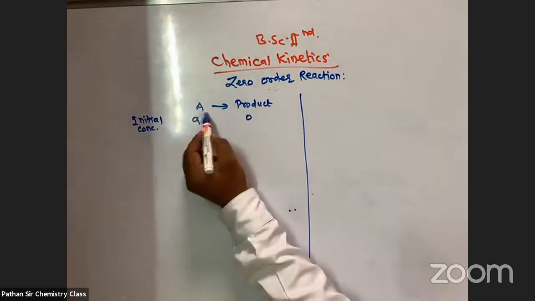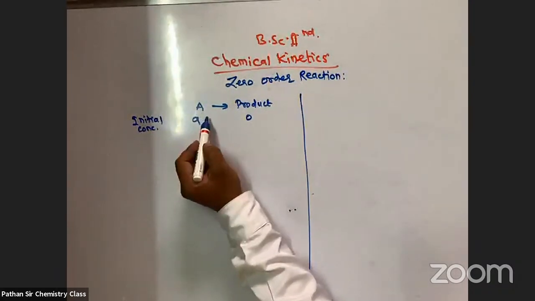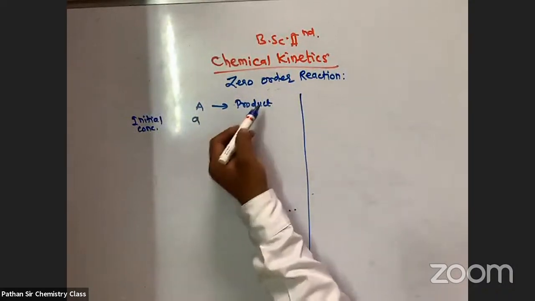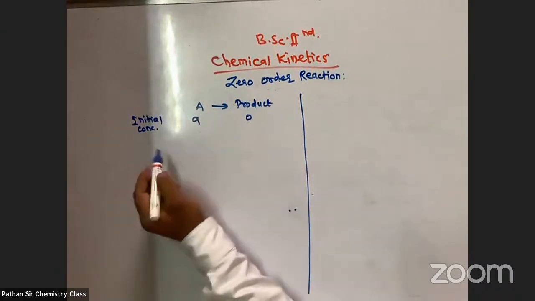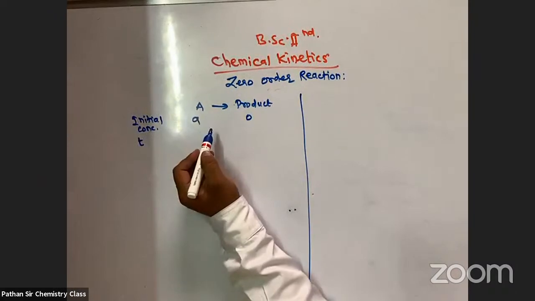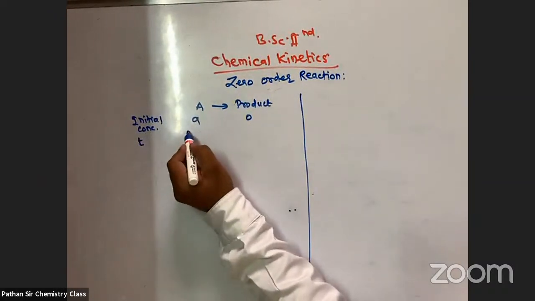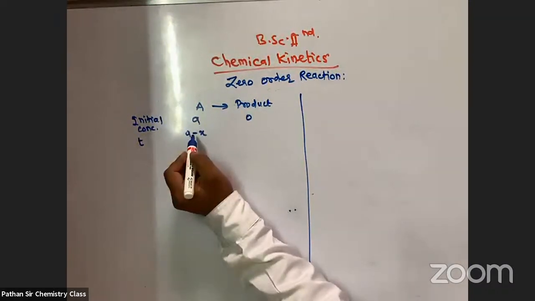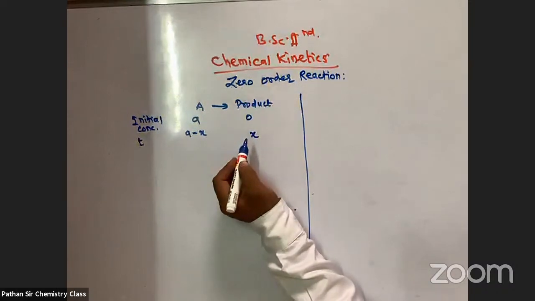Now what happens? A reacts with the formation of the product. With time, the concentration of A continuously decreases and that of product increases. Say at some time t, the remaining concentration of A is a minus x and that of product is x.